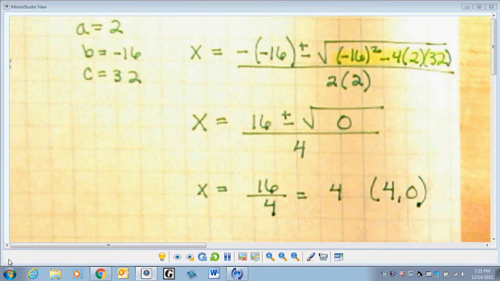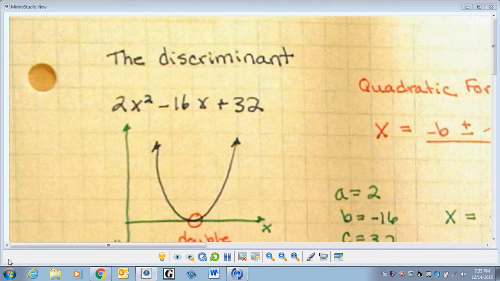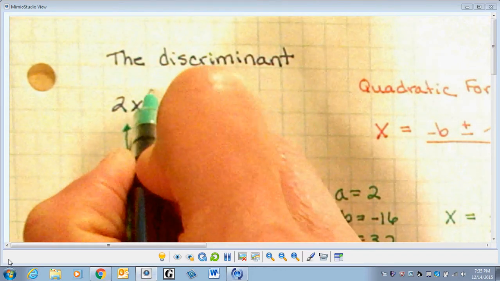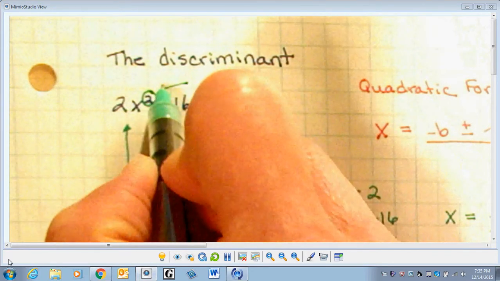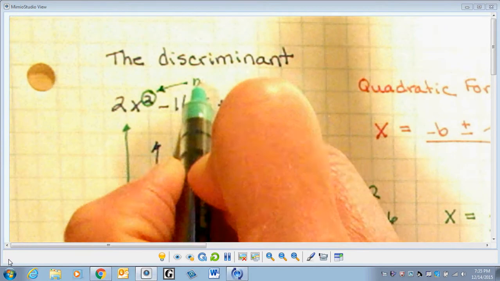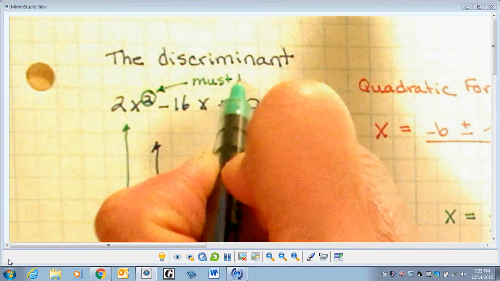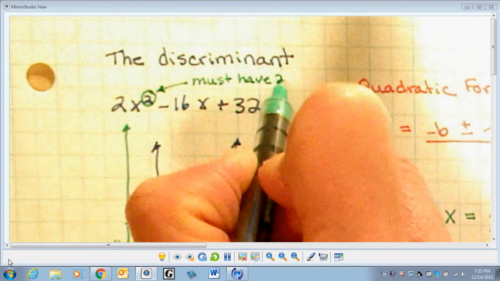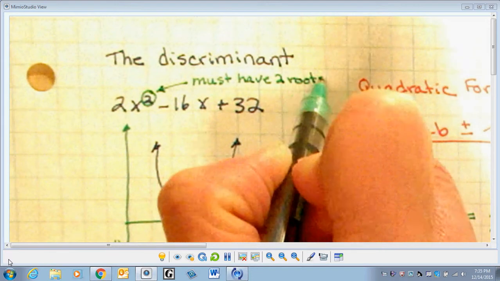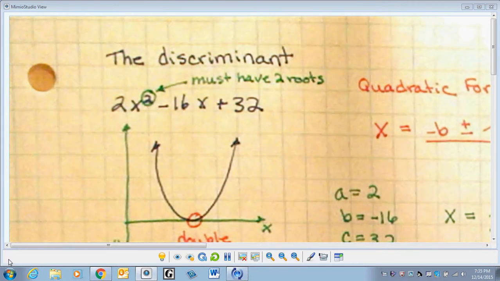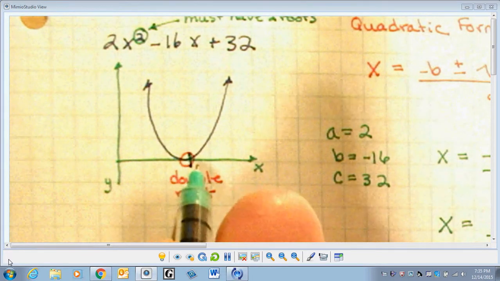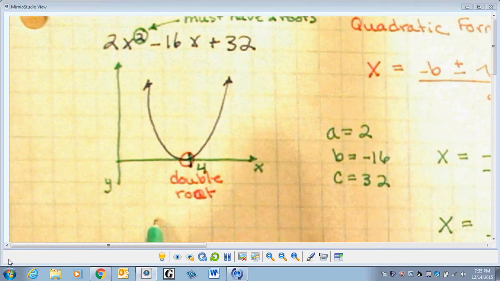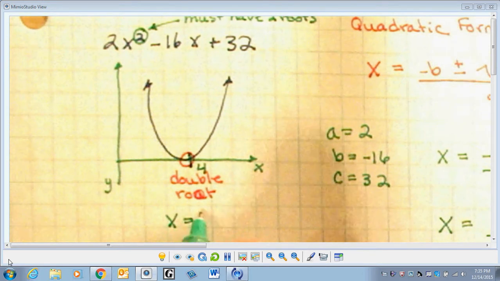And the reason it's a double root, because if you remember from before, let's look up here. This exponent right here, my highest exponent, tells me that I must have 2 roots. And in fact, if this here is where x is 4, then that would mean that x is 4.